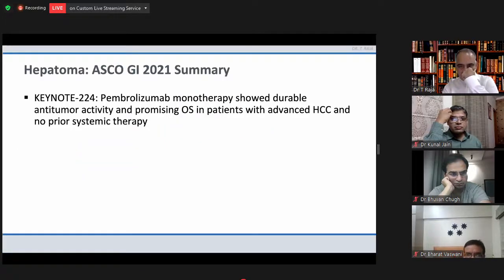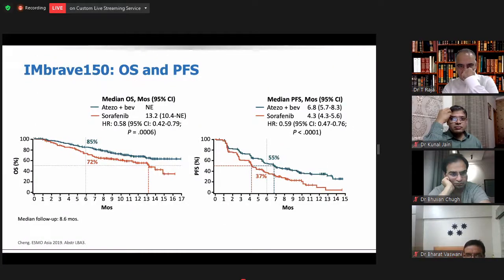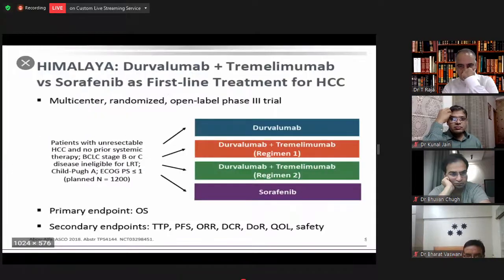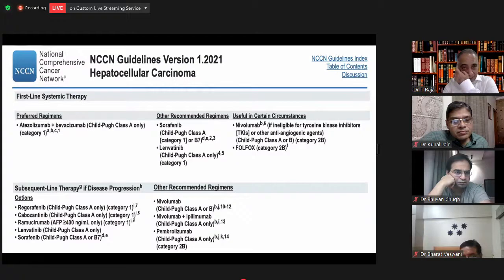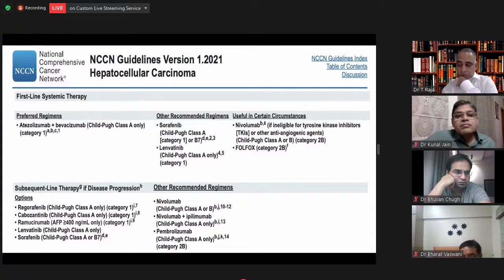So as far as the newer combination of the HIMALAYA trial is concerned, we need to wait for the data to come up, especially the mature OS data, to have any suggestion that it will really make a difference in practice. I still feel that instead of 2 IO drugs, 1 IO plus TKI or IO plus a VEGF inhibitor is probably the way to go. And that is why the IMbrave trial is positive where all other IO trials have failed.